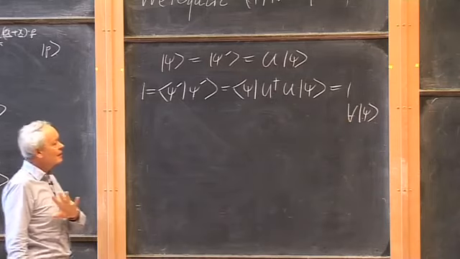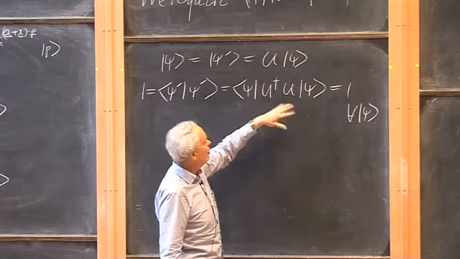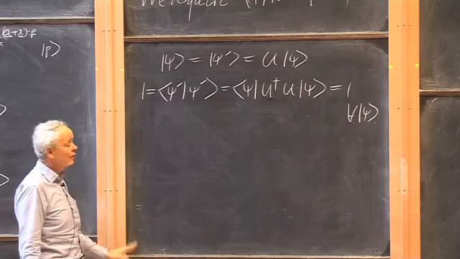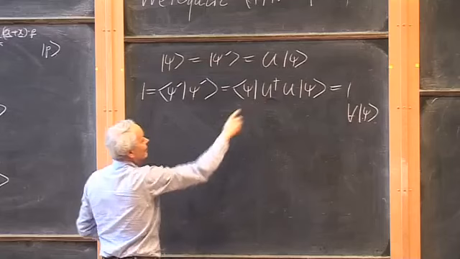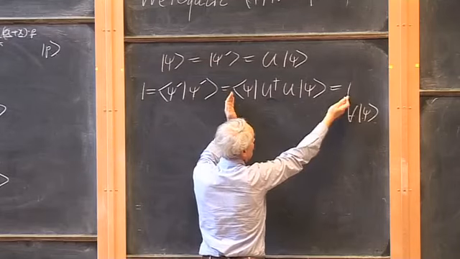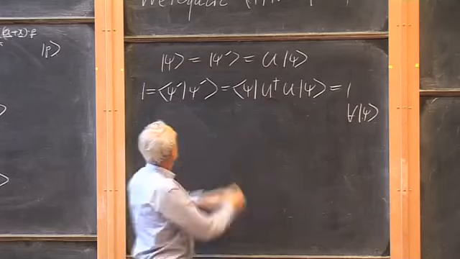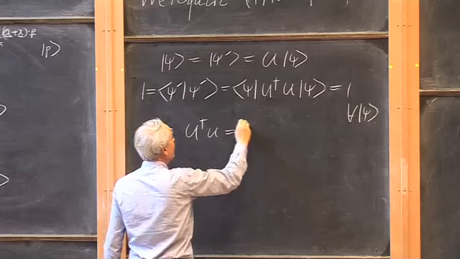There's a technical detail about establishing that this is 1. There's a box in chapter 4 of the book doing this, which I don't propose to go through. It's very straightforward and simple, but I don't want to take the time to do it because it's mere mathematics. From the fact that this has to be 1 for any ψ, we can deduce that U†U is in fact the identity operator.